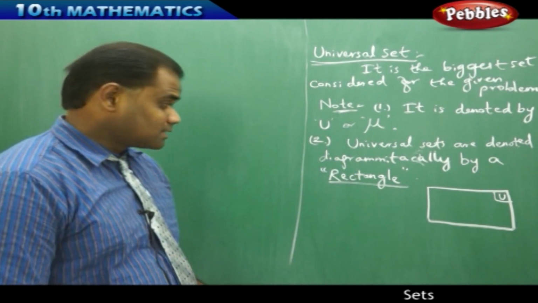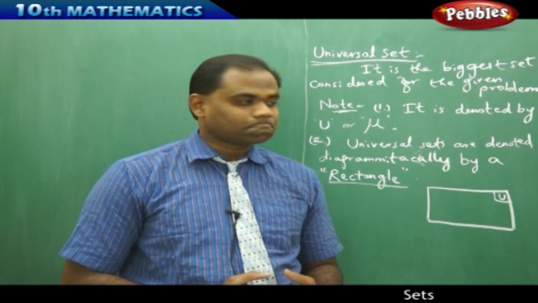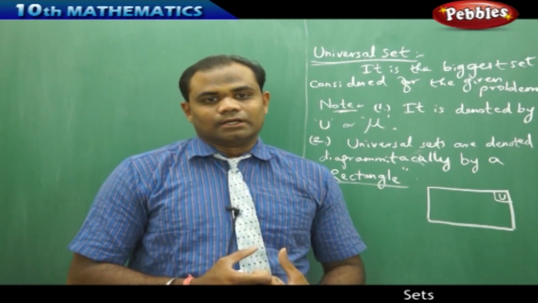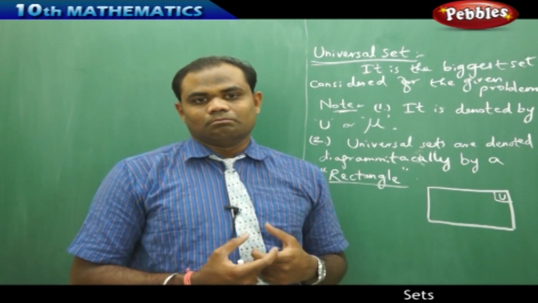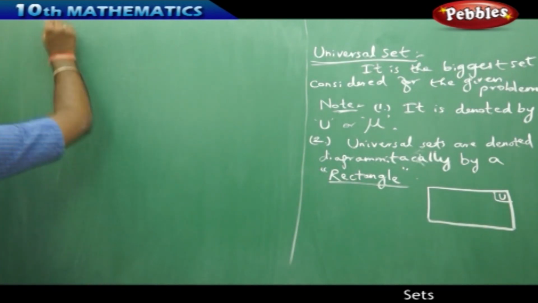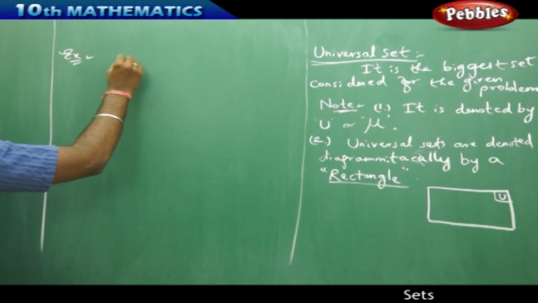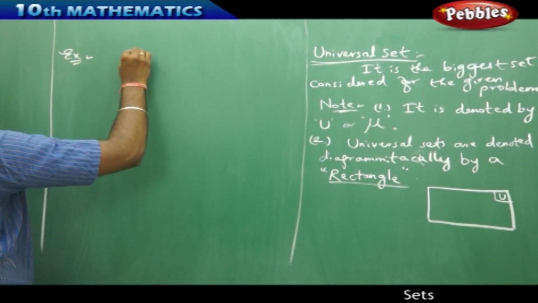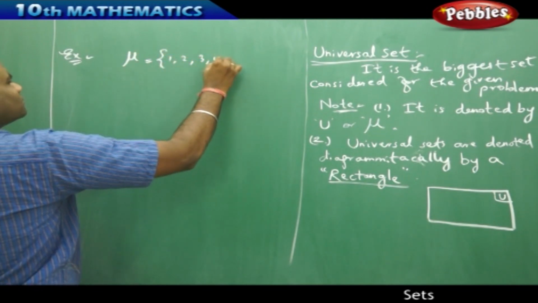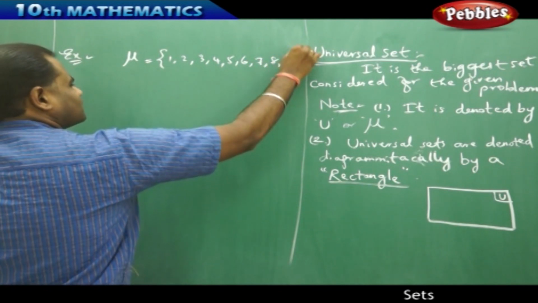Now that we have discussed sets and universal sets in diagrammatic representation, let's combine the set and the universal set together to see how diagrammatically both can be drawn at once. Say for example, I take the set mu, or the universal set U, as 1, 2, 3, 4, 5, 6, 7, 8, 9.